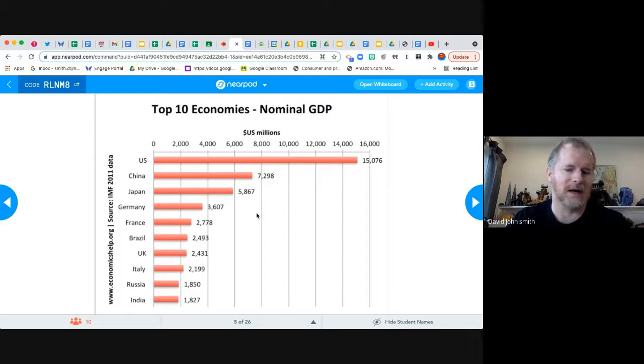In fact, you could add up India, Russia, Italy, the UK, maybe Brazil as well. If you add all of those economies together, you're going to get pretty close to the USA's figure. So the USA is bigger than at least the bottom 4 of these countries.